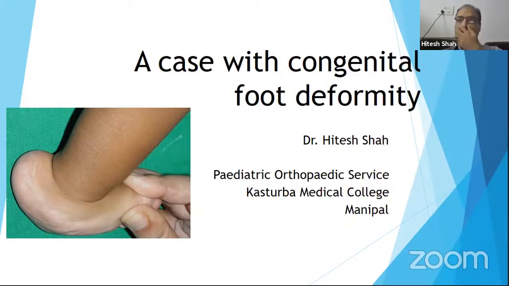One of the common case scenarios in OSCE is foot deformity. The most common case is clubfoot. But I am not discussing clubfoot, because idiopathic and non-idiopathic clubfoot have often been kept as cases, and some postgraduate examiners will expect you to talk on clubfoot and the Ponseti principle.